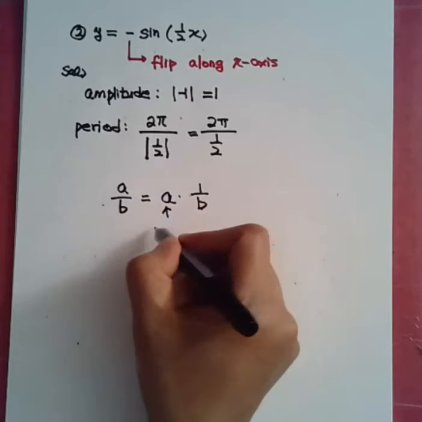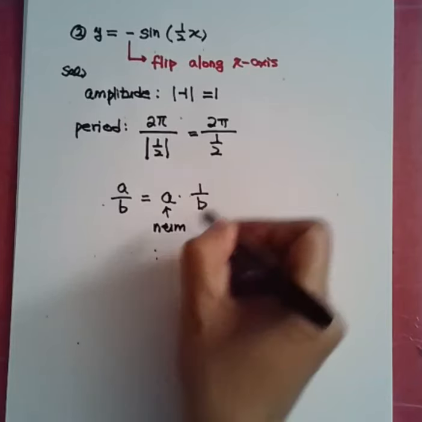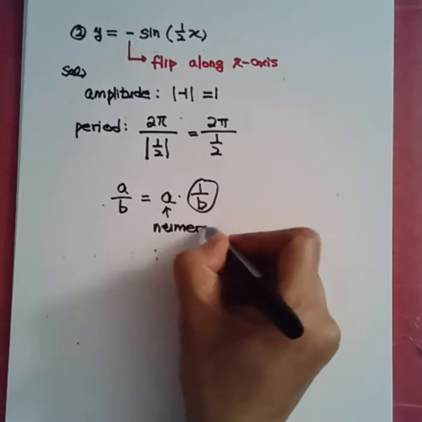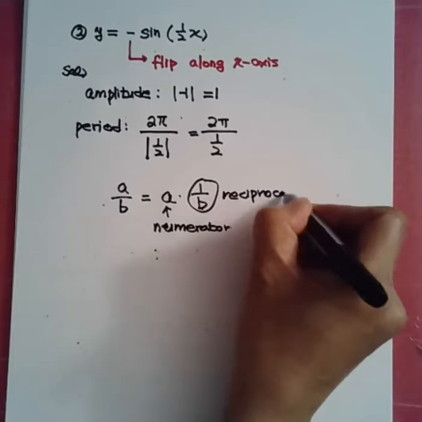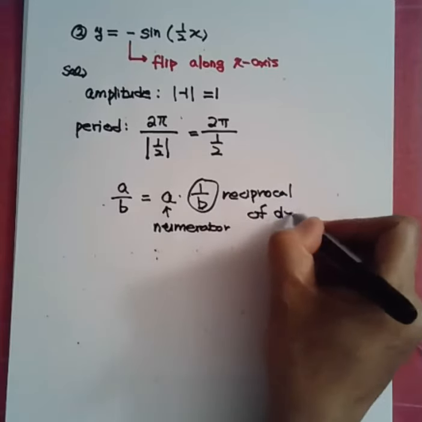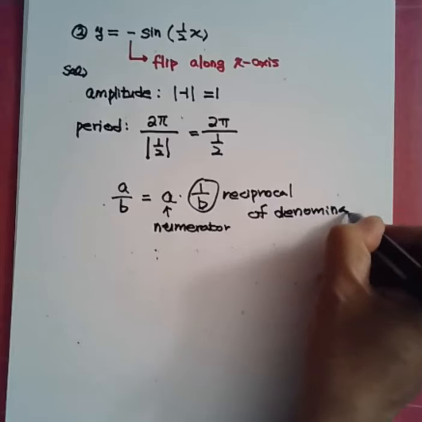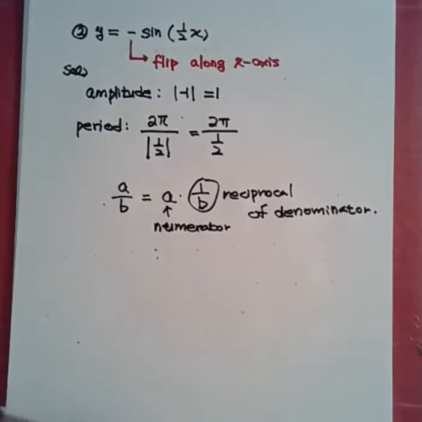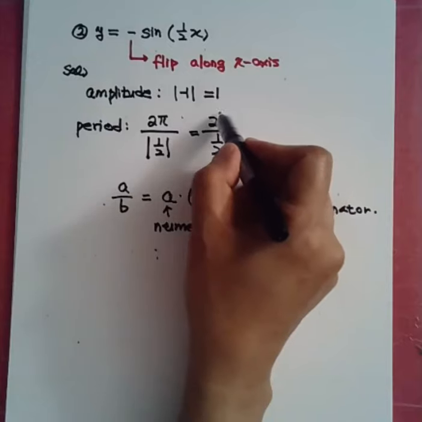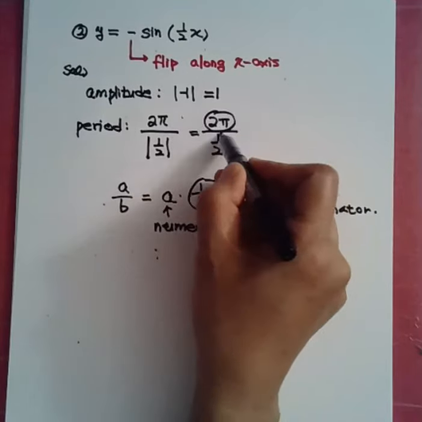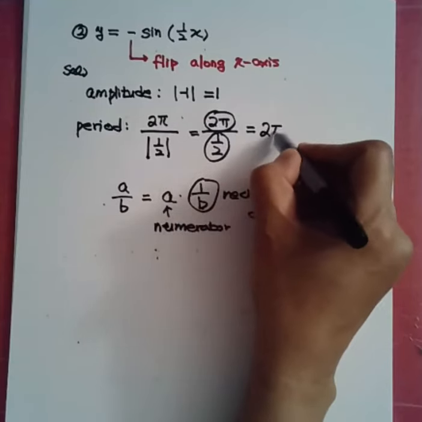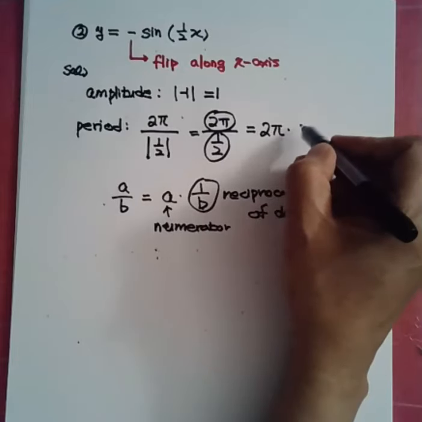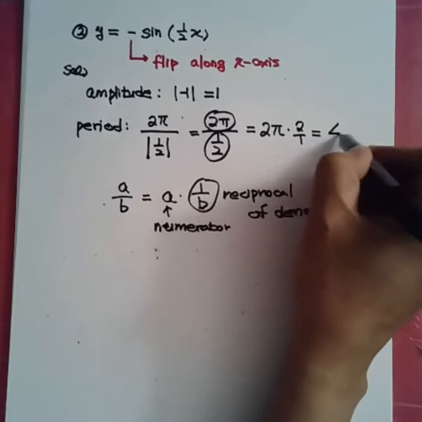So this is the numerator, and this is the reciprocal of the denominator. In this case, the numerator is 2 pi and the denominator is 1/2. So we can multiply 2 pi by the reciprocal of the denominator, which is 2/1, which gives 4 pi.